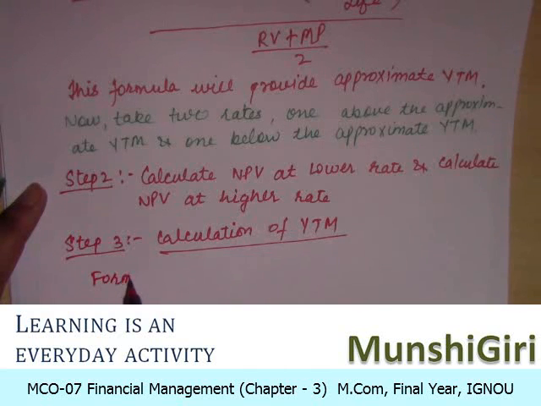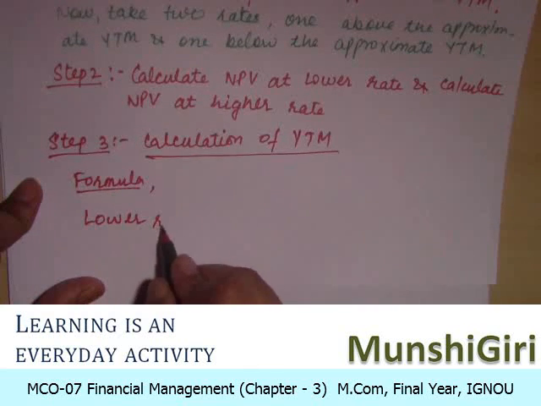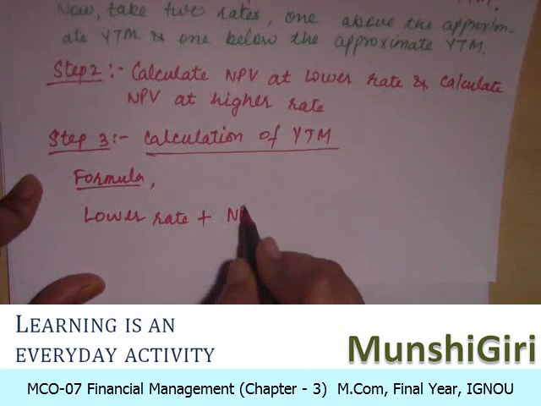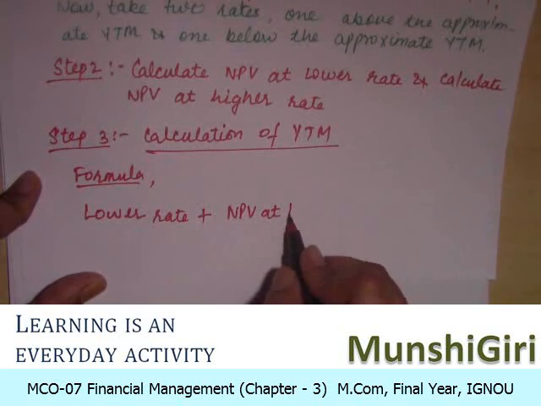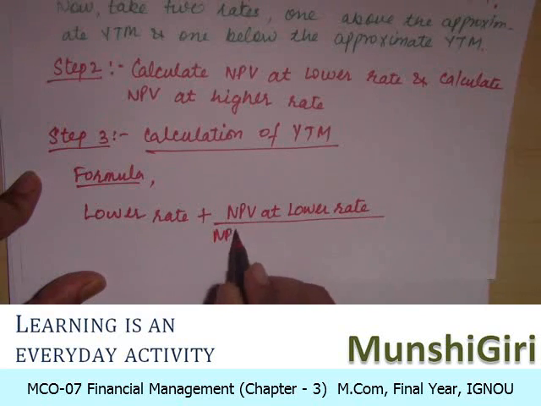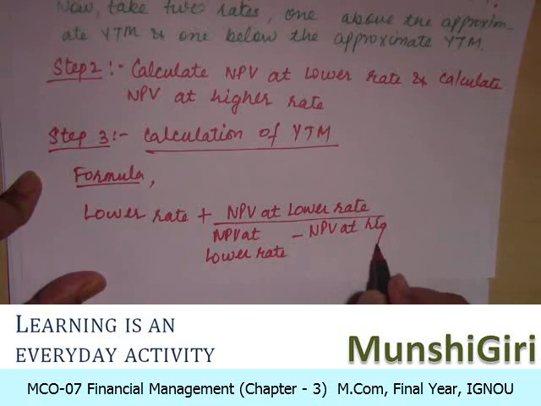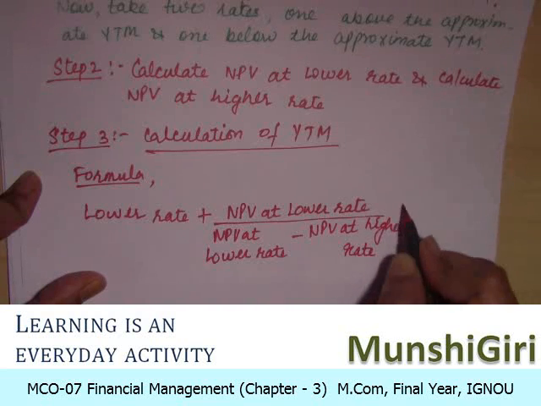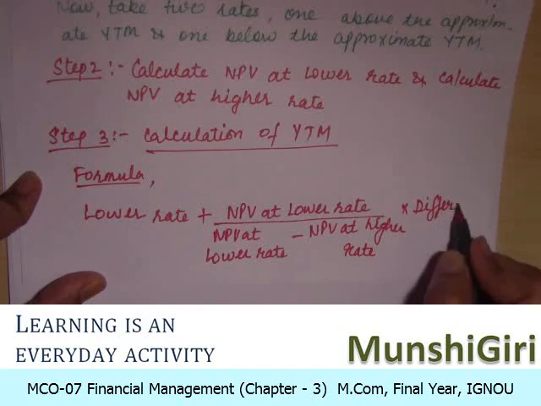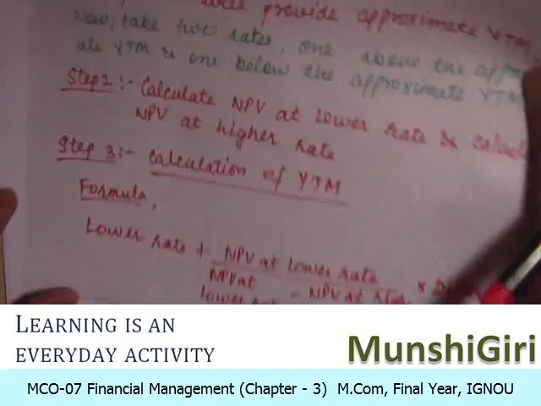The formula is lower rate plus NPV at lower rate, NPV is net present value, divided by NPV at lower rate minus NPV at higher rate, into difference in rates. This is the formula of IRR. You will understand these formulas once we do a question on this.